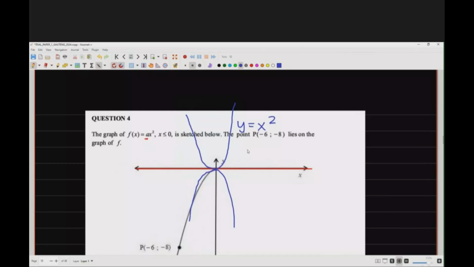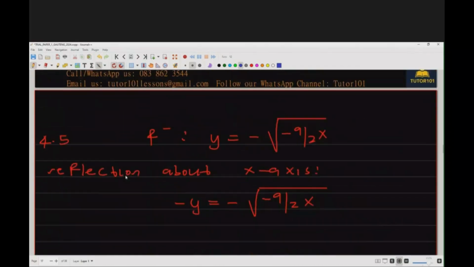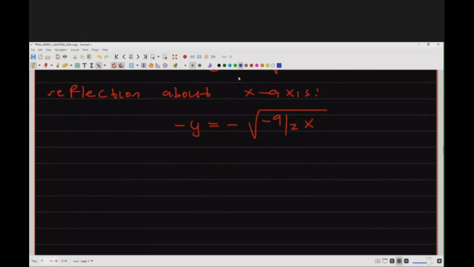That means that you multiply y by -1, so that you end up with minus y is equal to x squared, so that this here is y is equal to minus x squared. This is an example to explain 4.5, the reflection. So by that logic, y ends up being the square root of -9 over 2x in that manner.